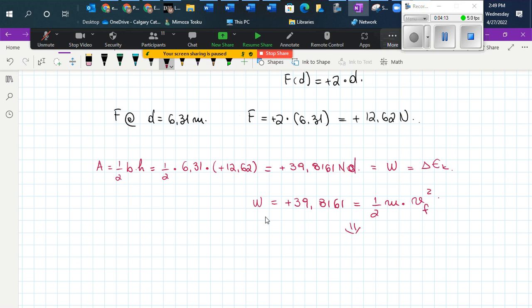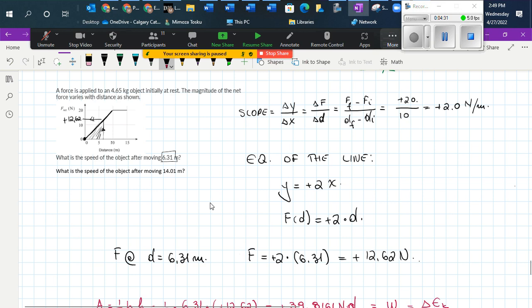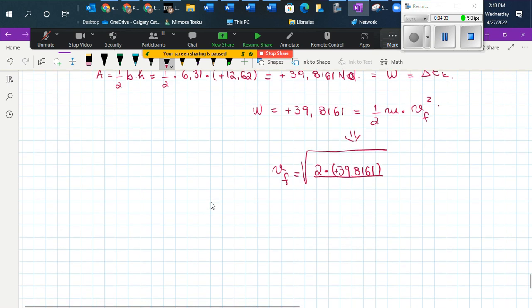From here, we can find that the final velocity is equal to the square root of 2 times positive 39.8161 divided by mass, which was 4.65. And as a value, it will be 4.14 meters per second.